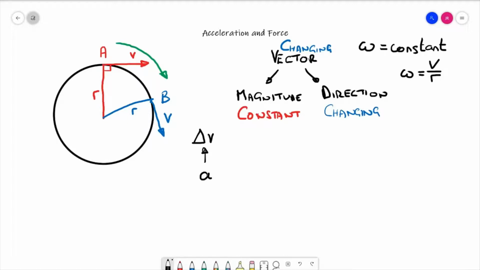If we have an acceleration acting on the object, then that acceleration also has to be caused by some kind of force. In this situation, this force is acting in order to keep our object moving in a circle. It therefore has a technical name which is known as the centripetal force.